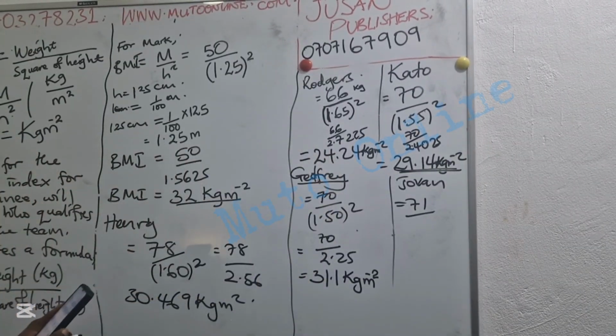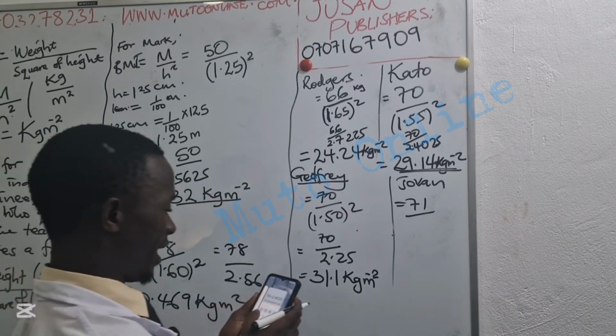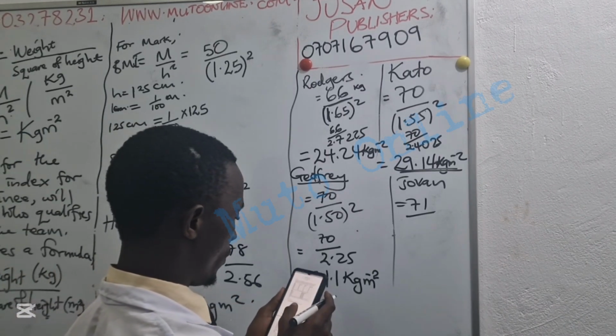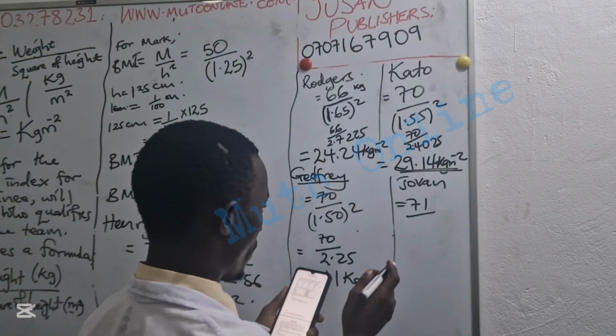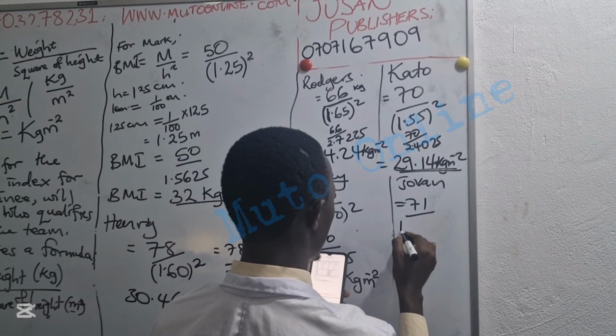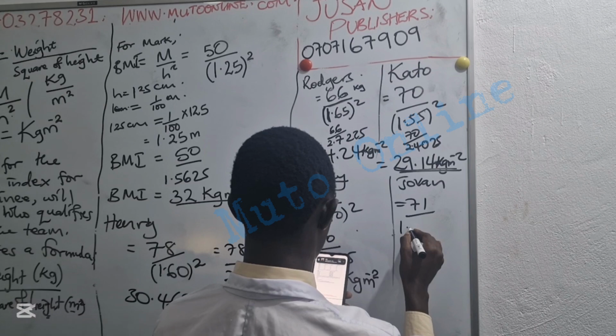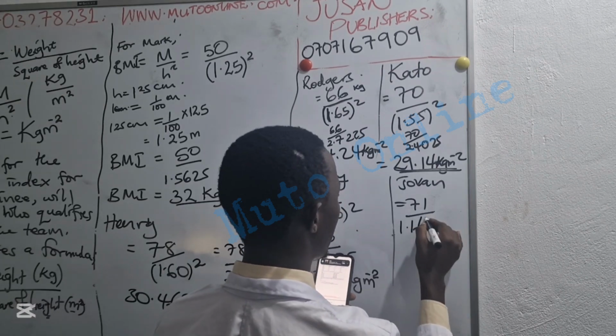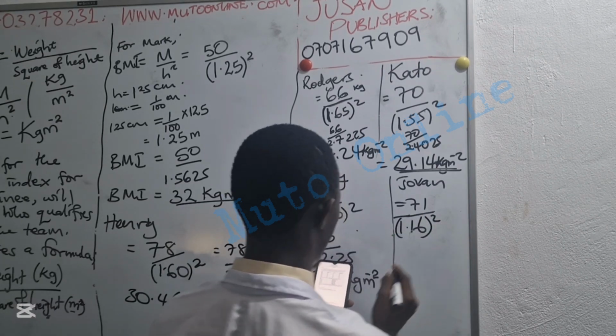And then for Jovan, who has a height of 1.16, we shall square the height.